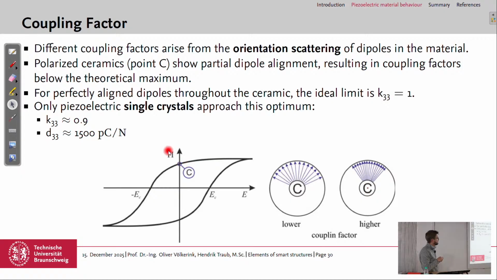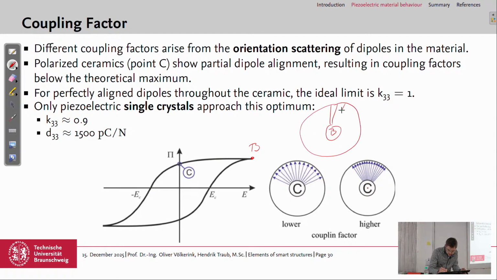Then we have here the remanent polarization. And if we look at our circle diagrams again, here maybe I add another circle of this point here, which is point B.